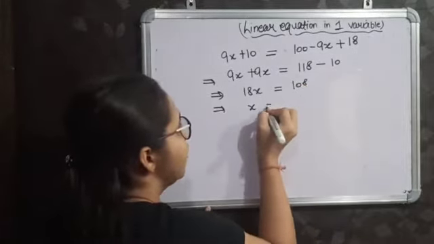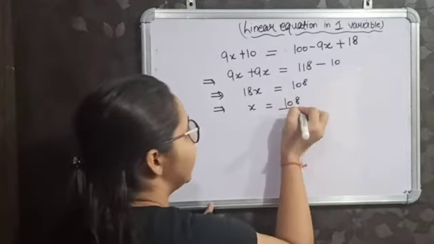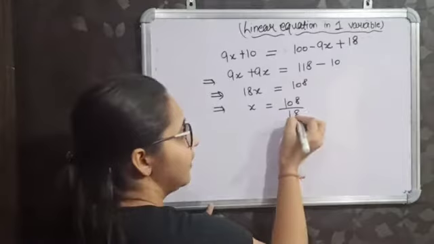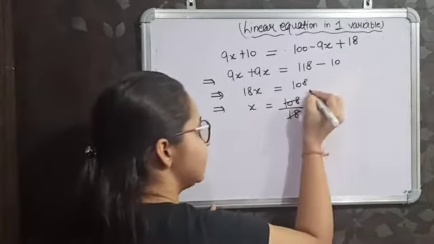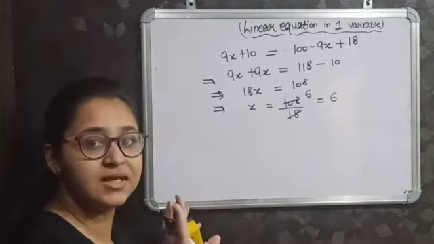Now you can find the value of x as 108, and this 18 will come to that side with division, and you can cancel with 6. So your value of x is only 6.